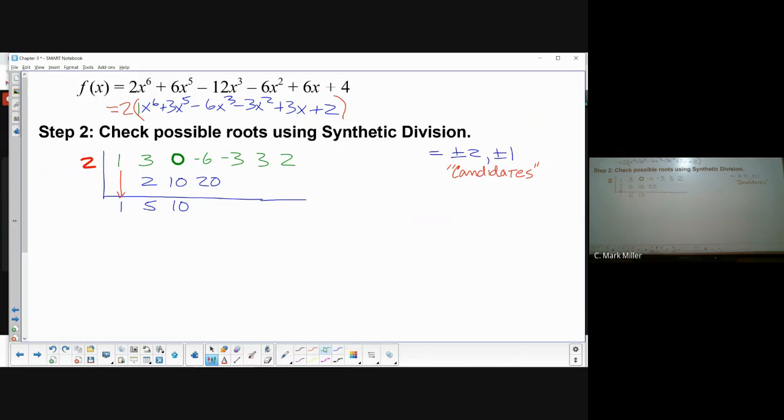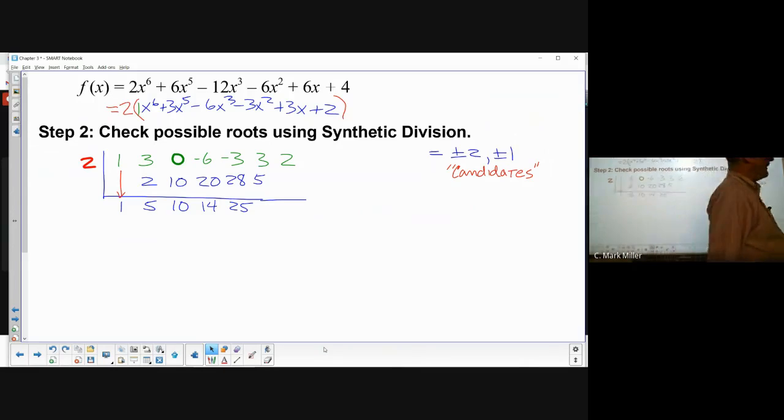This is not looking good. Minus 6 plus 20 is 14. 2 times 14 is 28. Add 28 plus minus 3 is 25. 2 times 25 is 50. Oh, look what we got. Guess what happened? It crashed.